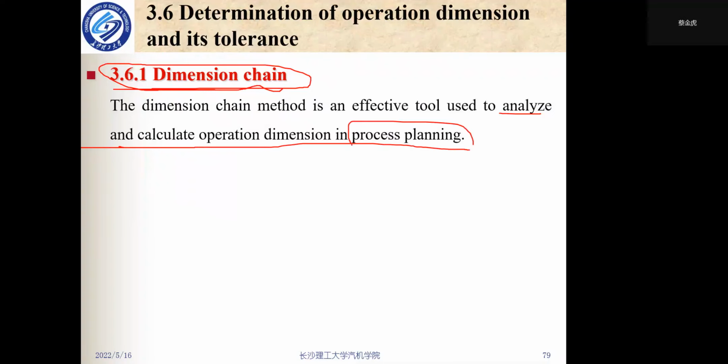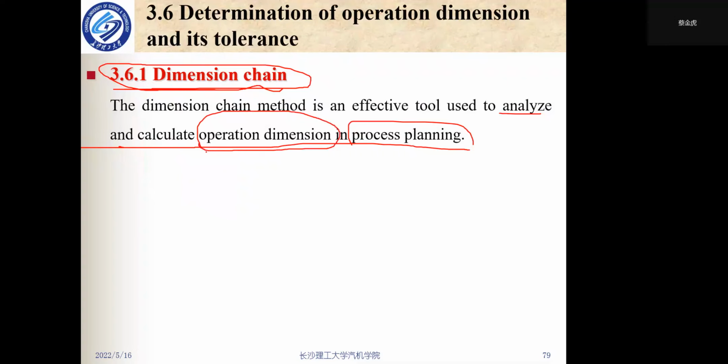So we have learned the process planning, and the dimension chain is an effective tool used to analyze and calculate operation dimension in process planning.